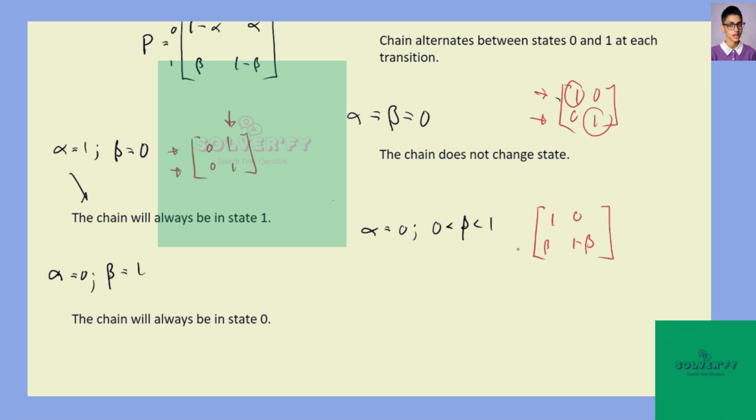So if we're in state 1, we may remain in state 1 with probability 1 minus beta, but we will eventually transition to state 0 with probability beta. And once we transition to state 0, we will always remain in state 0. So the chain eventually gets stuck at state 0.